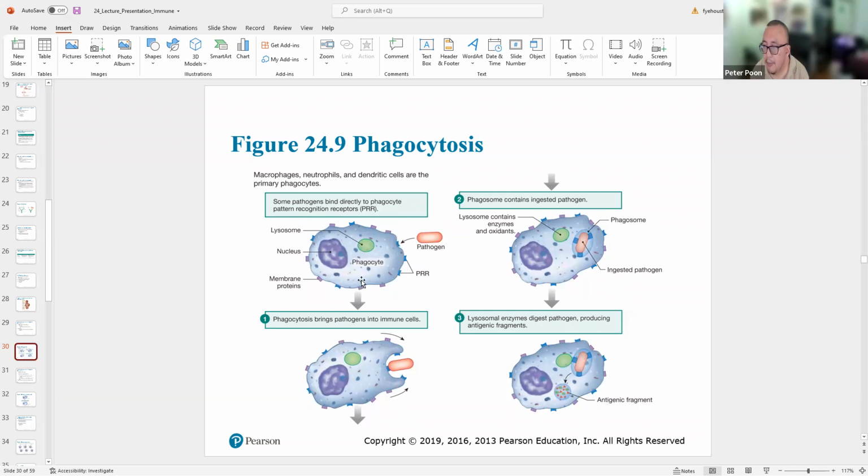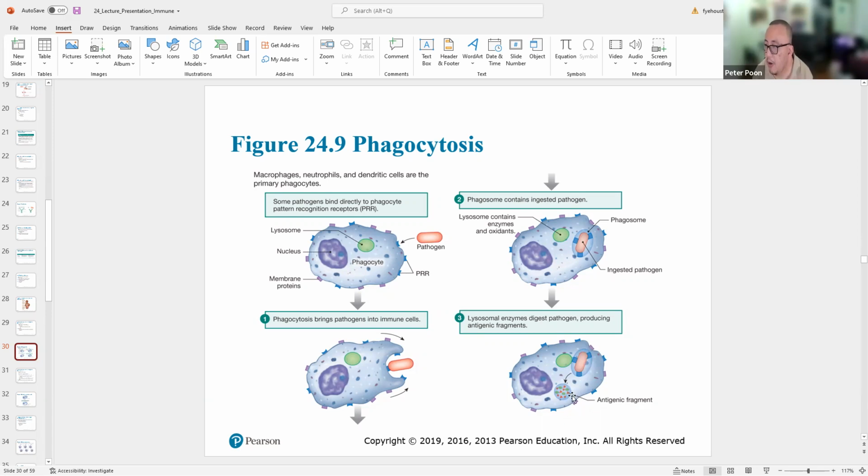Then phagocytosis will bring the pathogen into the cell. It will attach to a lysosome. In that case, it's called a phagosome. The phagosome will get more stuff from the lysosome and become a phagolysosome, which will eventually break down the bacteria into different parts.